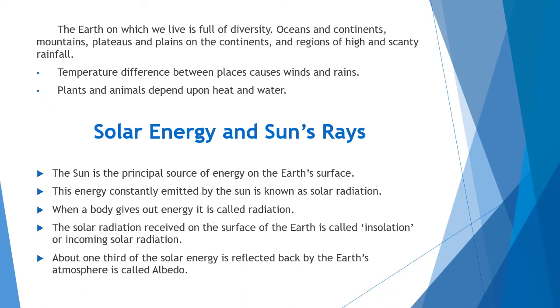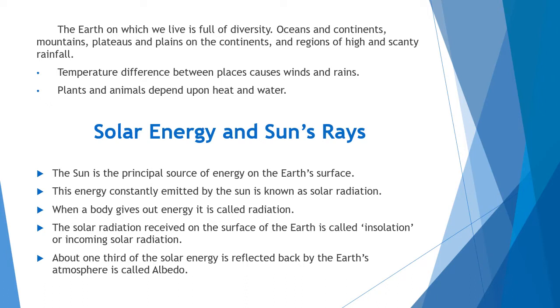This energy is always emitted by the sun, that means released by the sun. That is called solar radiation. From this solar radiation we get heat and light. The heat we can feel, the light we can see.